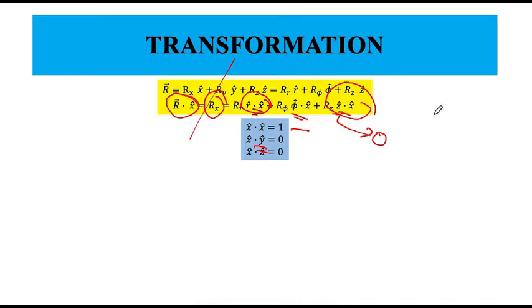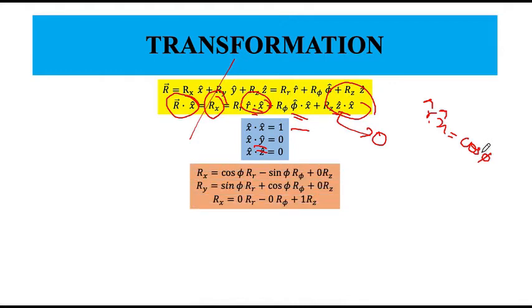We have seen that r hat dot x hat is nothing but cos phi. In the previous slide we have already seen that phi hat dot x hat will be minus sin phi, multiplied with r phi.